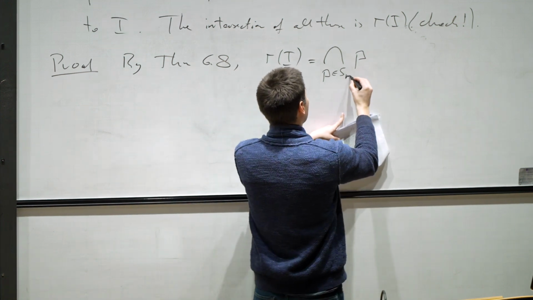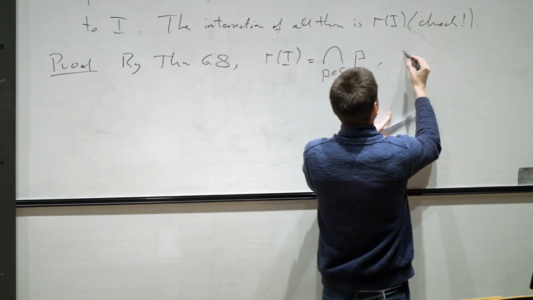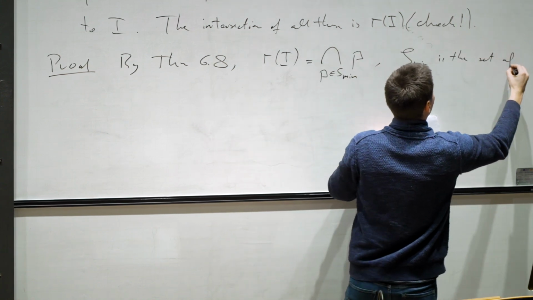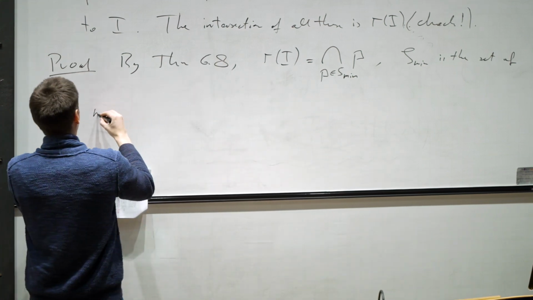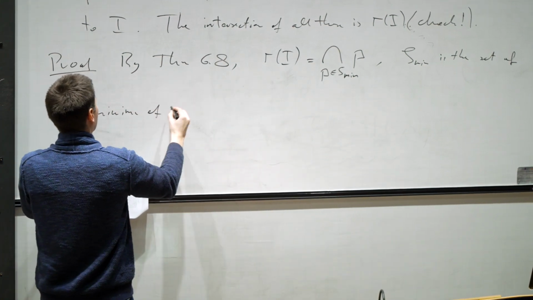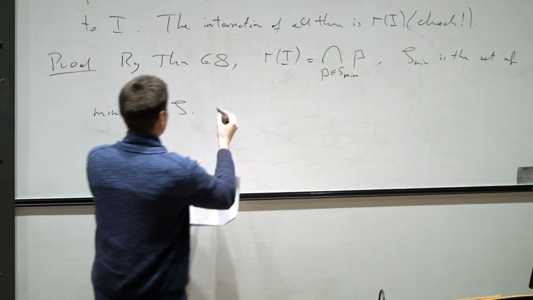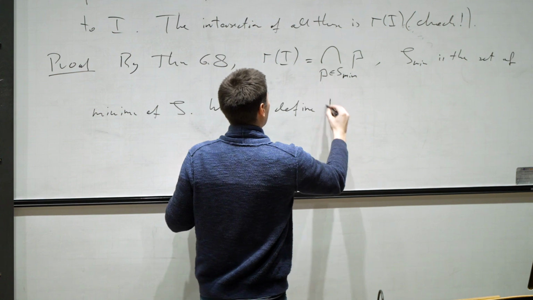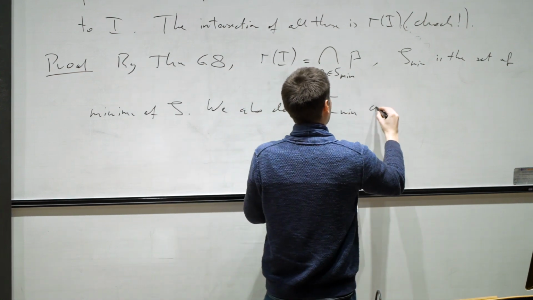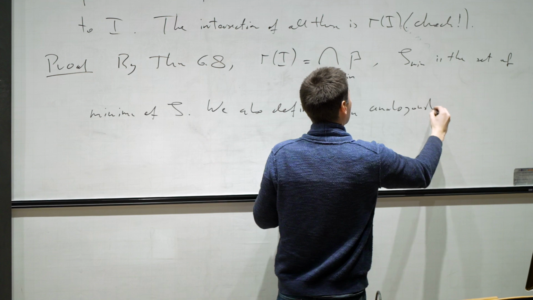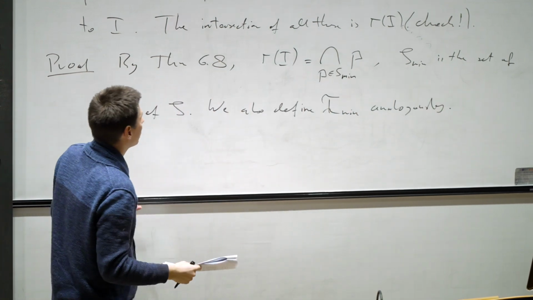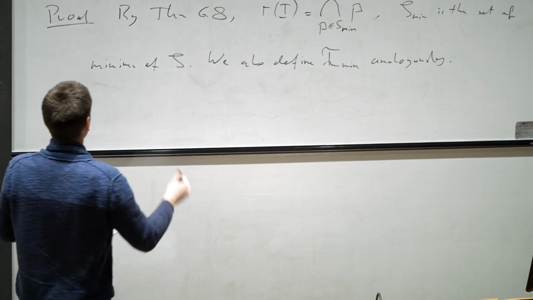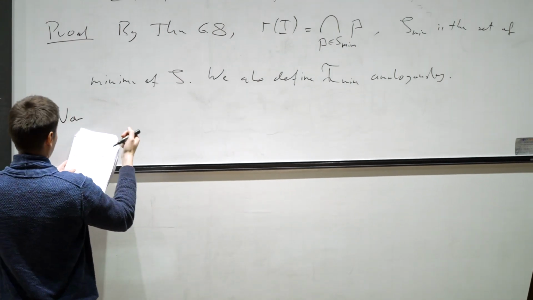So I can straight away change it to S min here, where S min is the set of minima of S. Okay, and we also define I min analogously. So the radical of I is the intersection of the P's in S min.